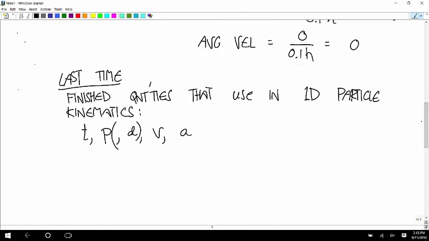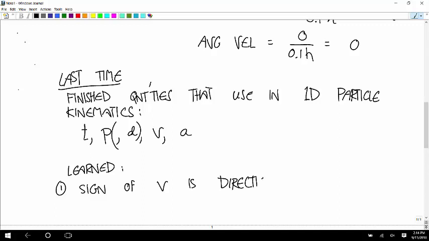And when we talked about acceleration, we learned that, let's talk about velocity and acceleration. So we learned that the sign of the velocity is the direction the object is moving.